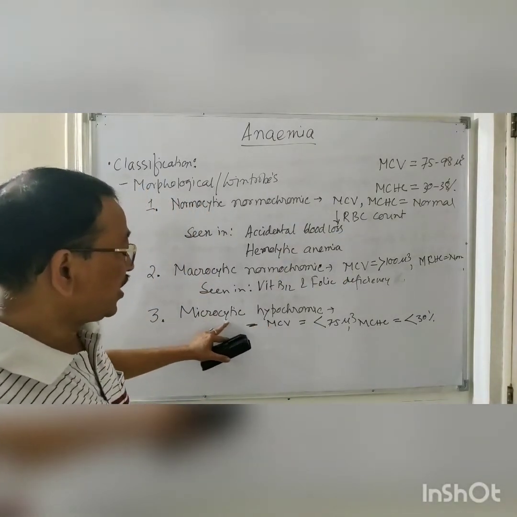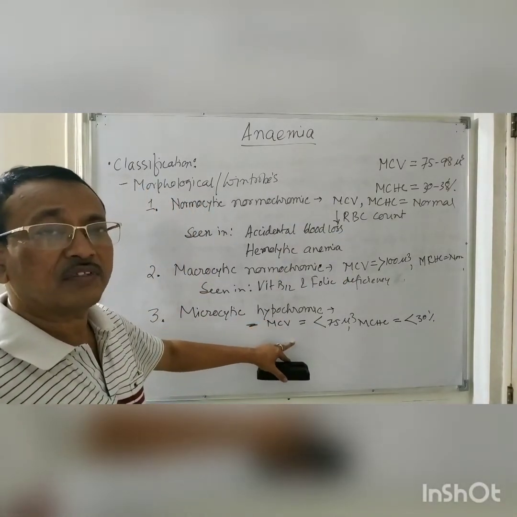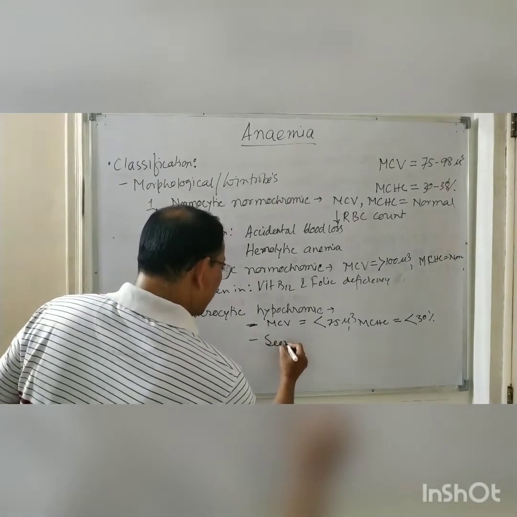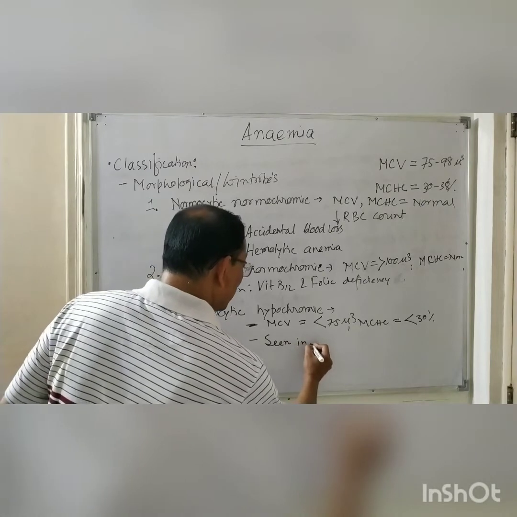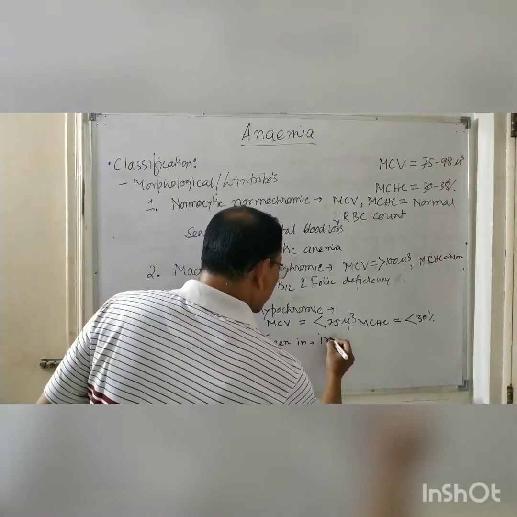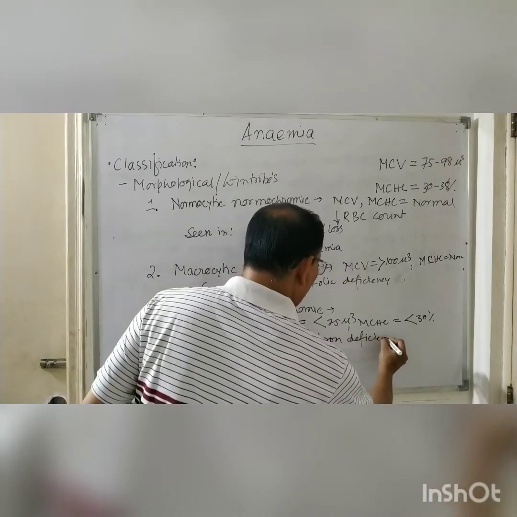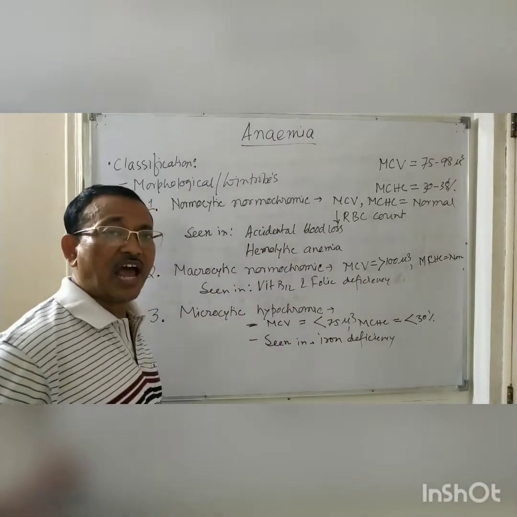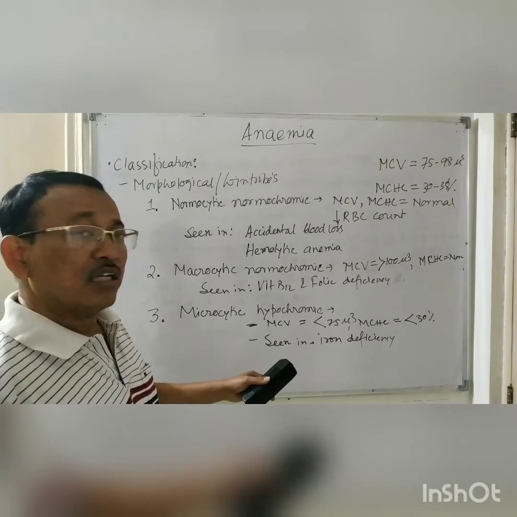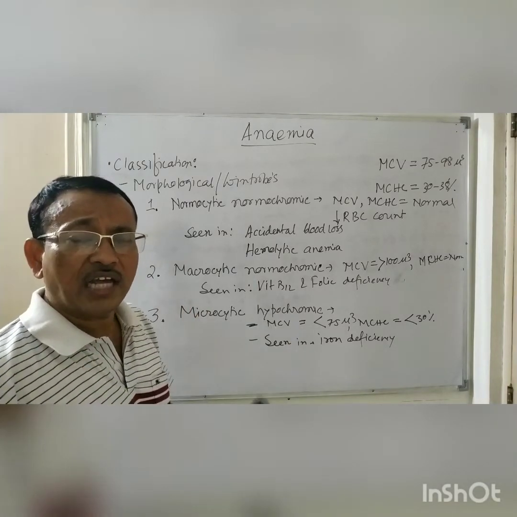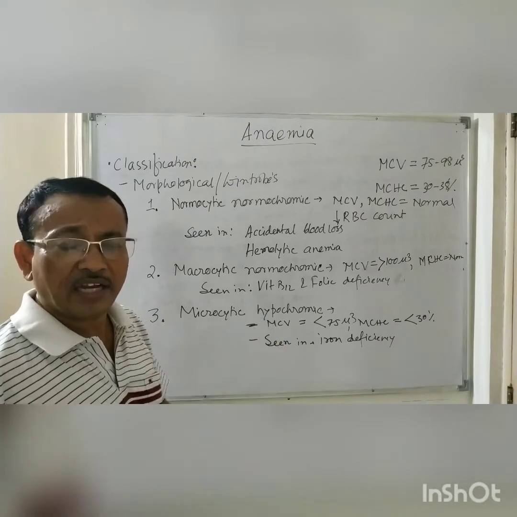So microcytic and hypochromic. This type of anemia is seen in iron deficiency anemia. If iron is deficient in the diet, then as you know, iron is a very integral part of the hemoglobin, and that helps in oxygen binding.